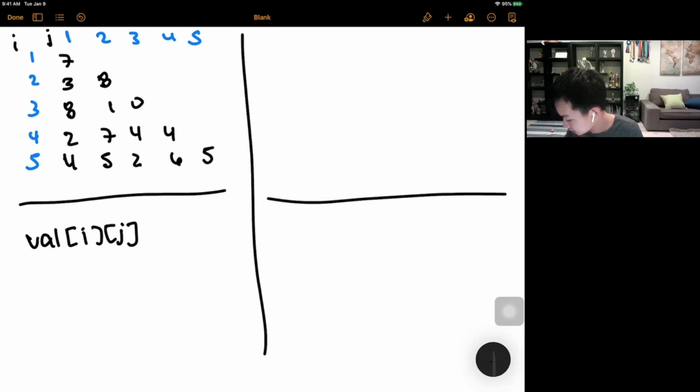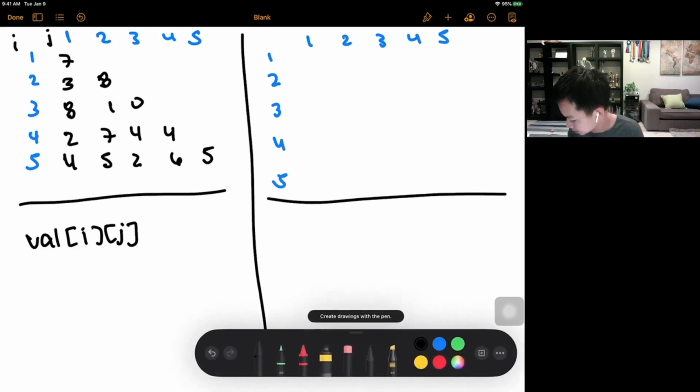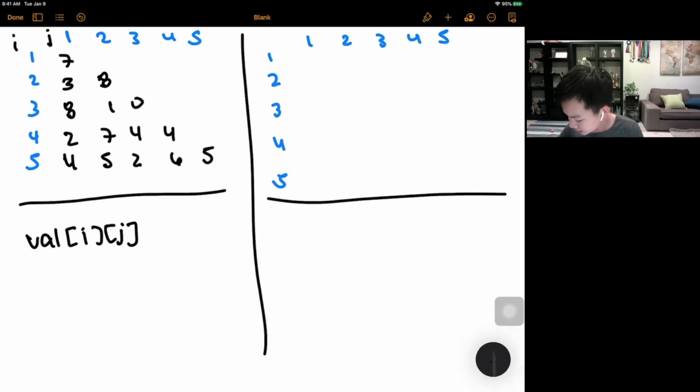Then we could also have another array, which I'll explain later, with indices 1, 2, 3, 4, 5. Let's call this dp.